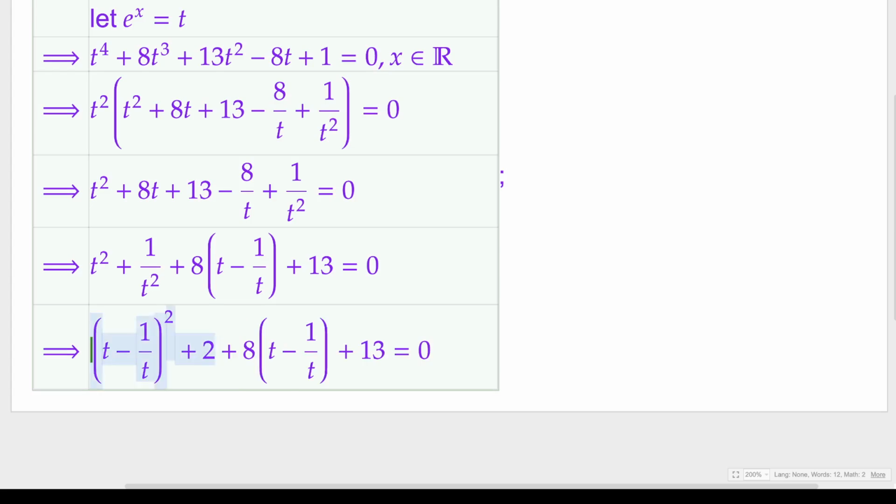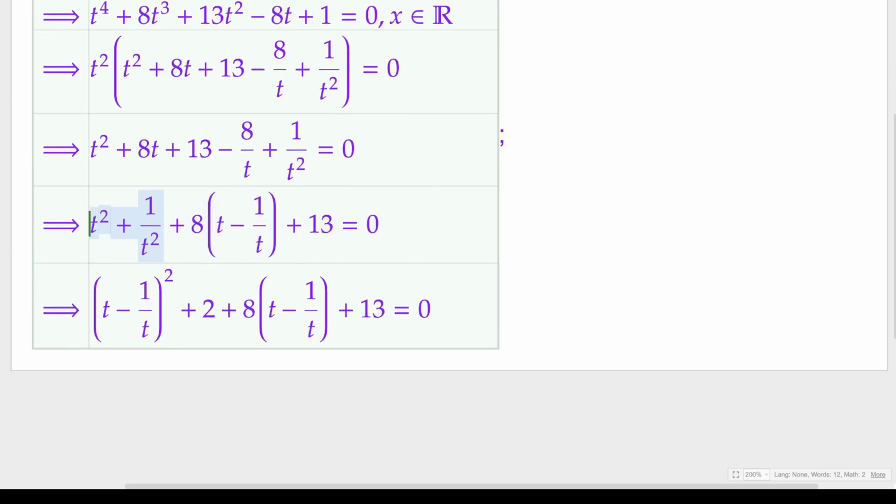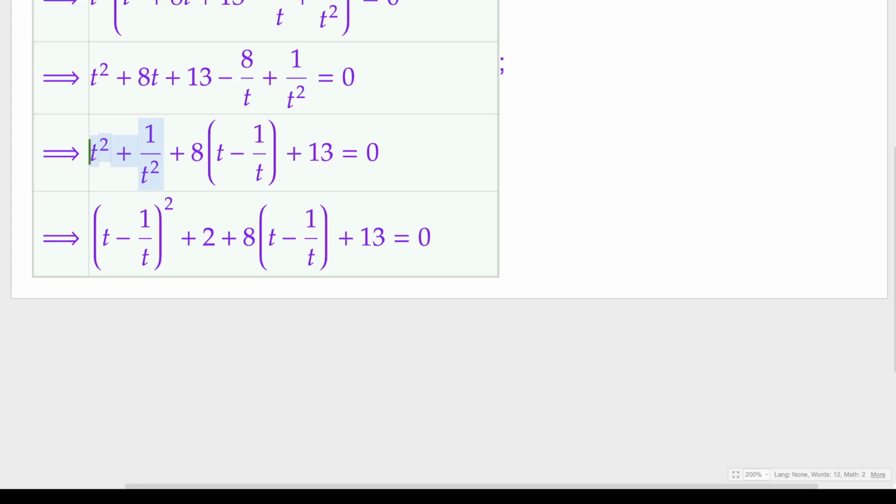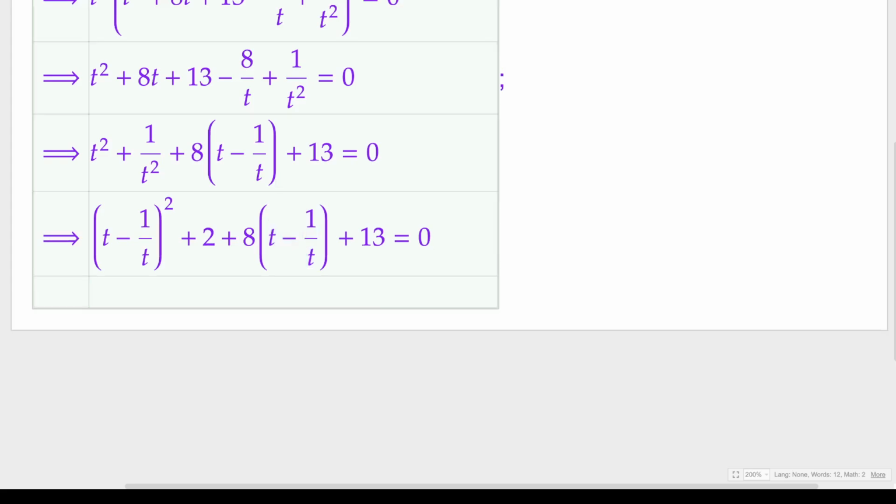So this is the replacement for this given sub expression. Now proceeding ahead, t minus 1 over t is repeated here, and this is part of the quadratic family, it appears in that way.